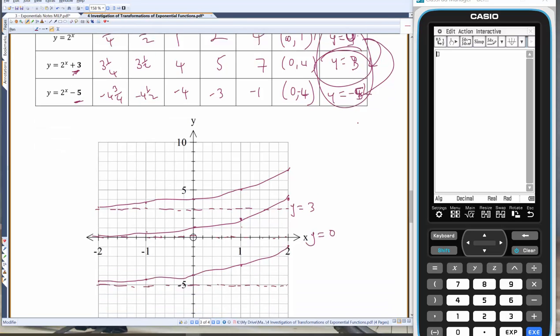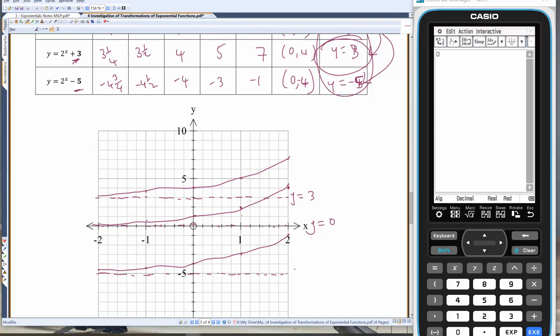So your graph should look as follows, with 3 different asymptotes, one at -5 for this function, one at 0 for the original function, and one at 3 for y equals 2 to the x plus 3. Okay, so this one here is y equals 2 to the x plus 3, because I can see here that the asymptote has been moved up by 3 units along with basically every point by 3 units.